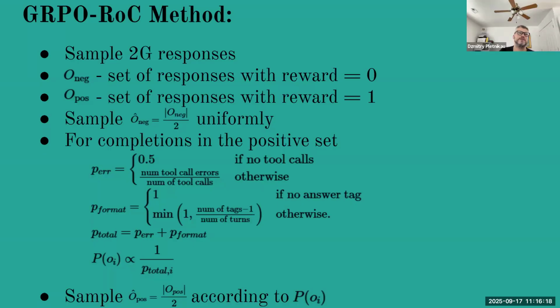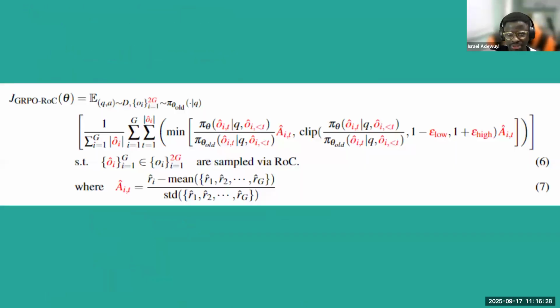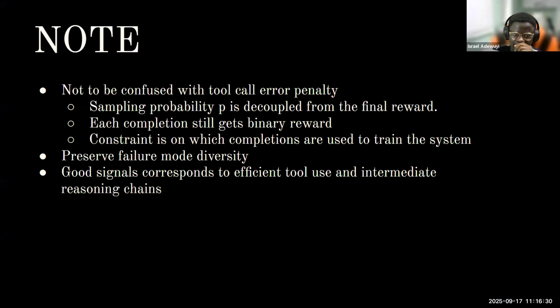So basically, with this scheme, it's very much like GRPO, except we upweight positive trajectories. They are still preserving the failure modes, all the different ways that the model can get zero reward, because they're sampling uniformly from the negative cases.